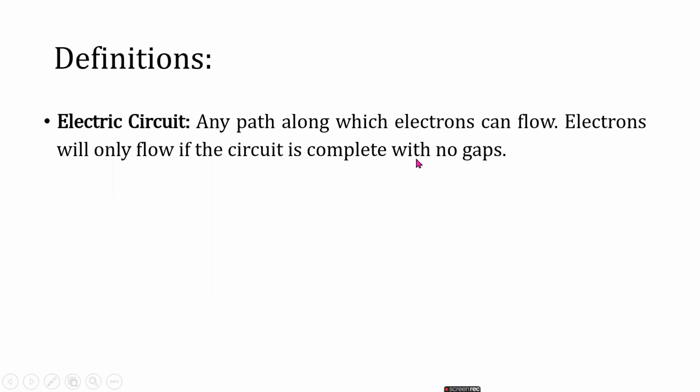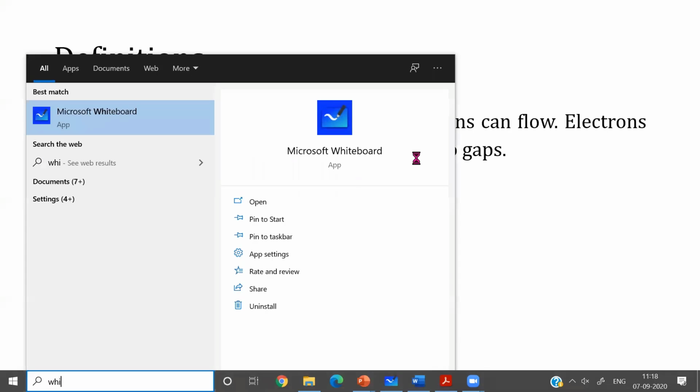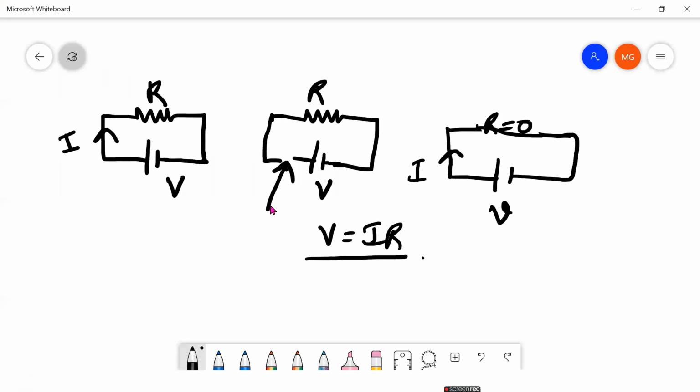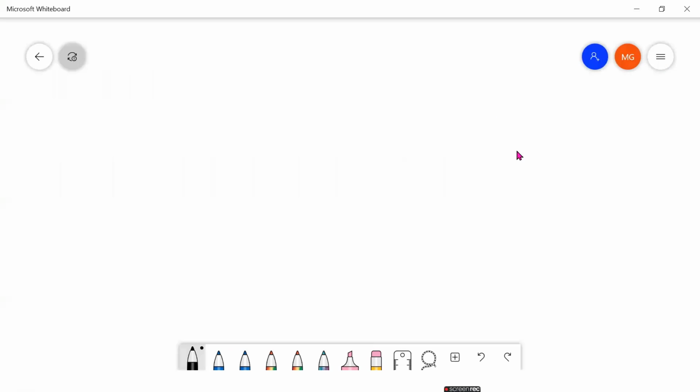All right. So I will take a whiteboard here. Here I have said a circuit means there should be a closed path where electrons can flow. I draw a simple circuit where a resistor along with a source is available.